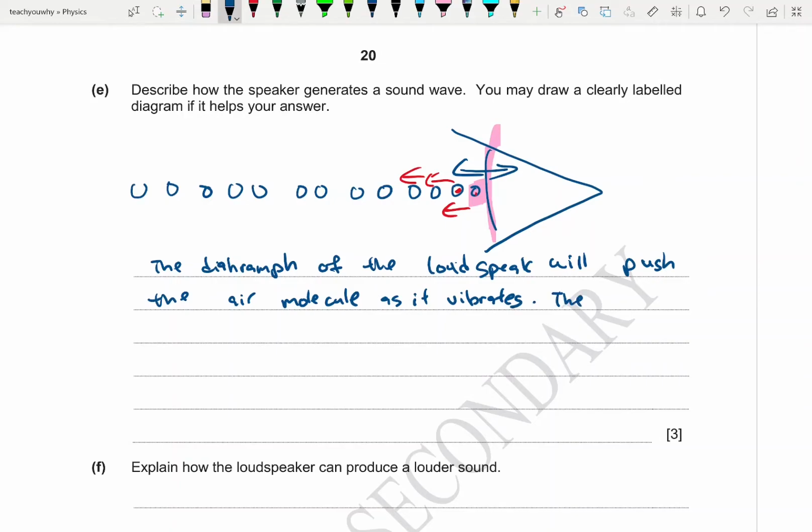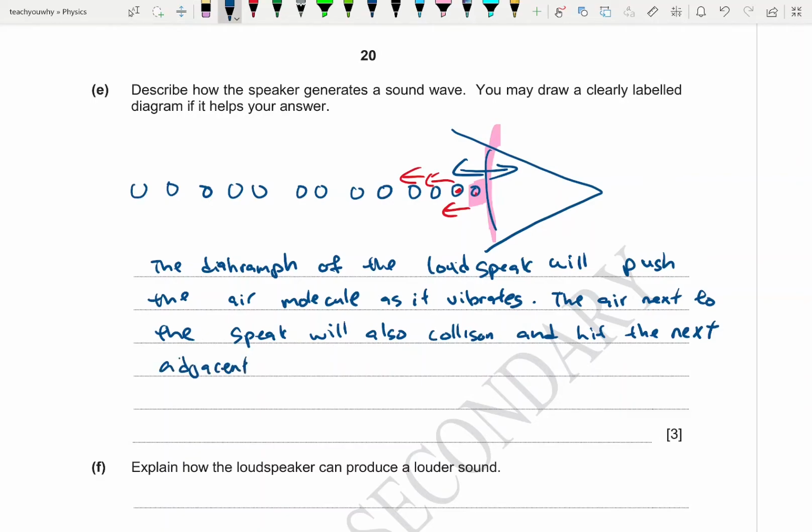The air molecules next to the diaphragm, next to the speaker, will also collide and push the next adjacent air particles.